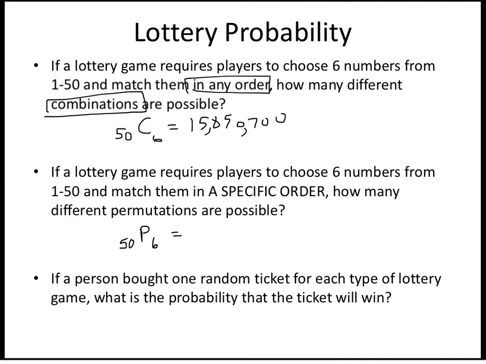So we're going to do 50P6, and we get a much larger number, 11,441,304,000 different configurations if we have 6 numbers in a specific order from 1 to 50.